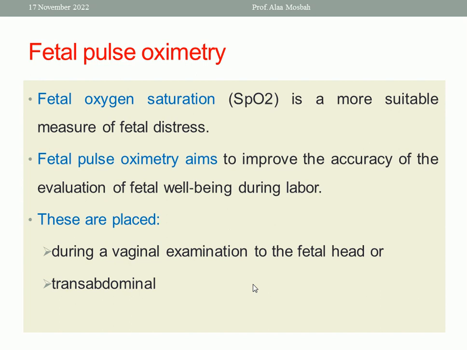So it has no advantage as regards reducing the number of cesarean sections. Some advise that fetal pulse oximetry can be used as an adjunct to CTG but not replacing CTG. You can add it for a patient at rest if there are concerning signs on CTG. You can do fetal pulse oximetry, and according to the result, your intervention will be decided.